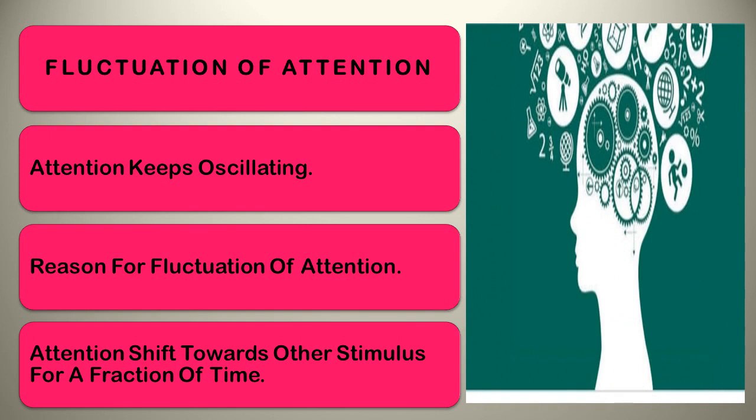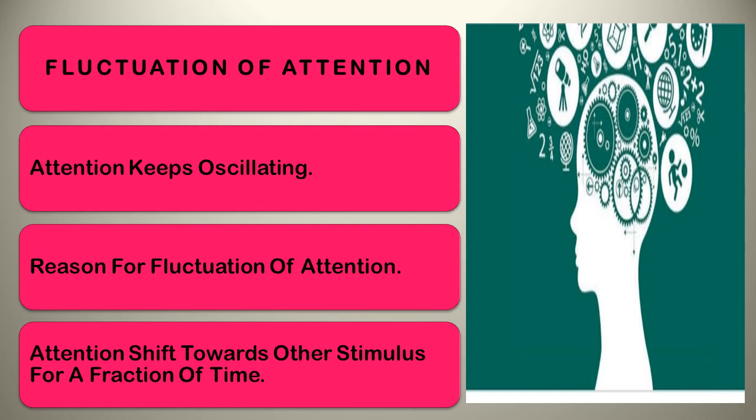Fluctuation of attention. Fluctuation of attention is a tendency for an object or stimulus to pass in and out of attention, even though the stimulus is constant. Attention keeps oscillating like the pendulum of a clock.